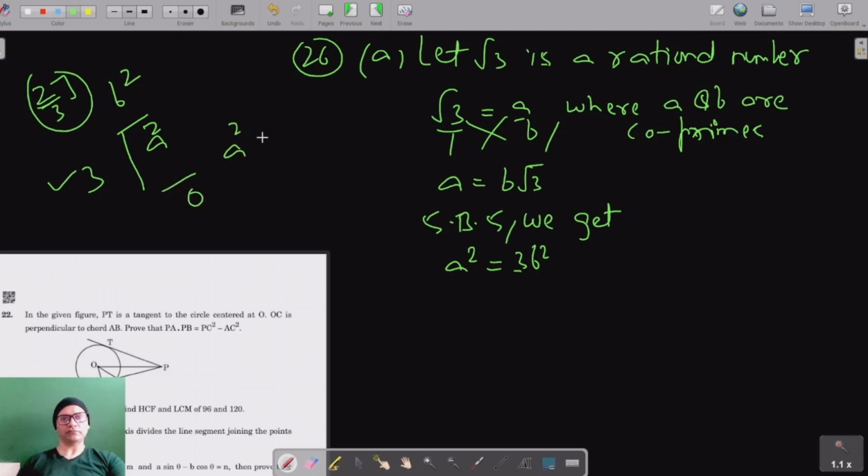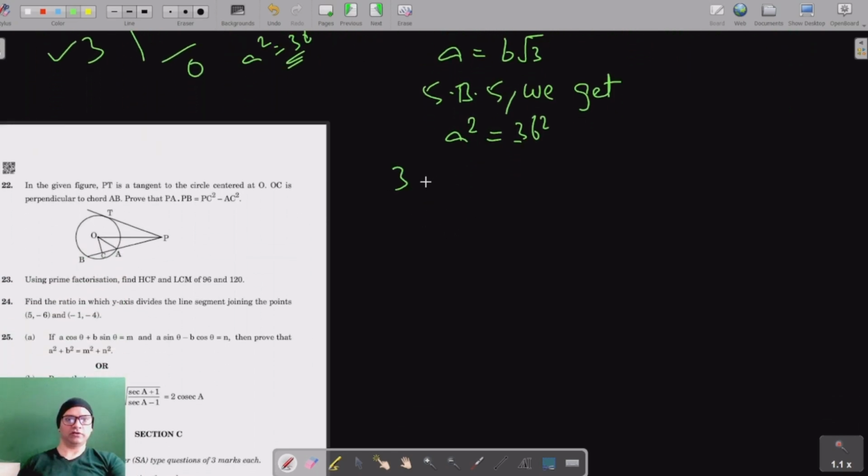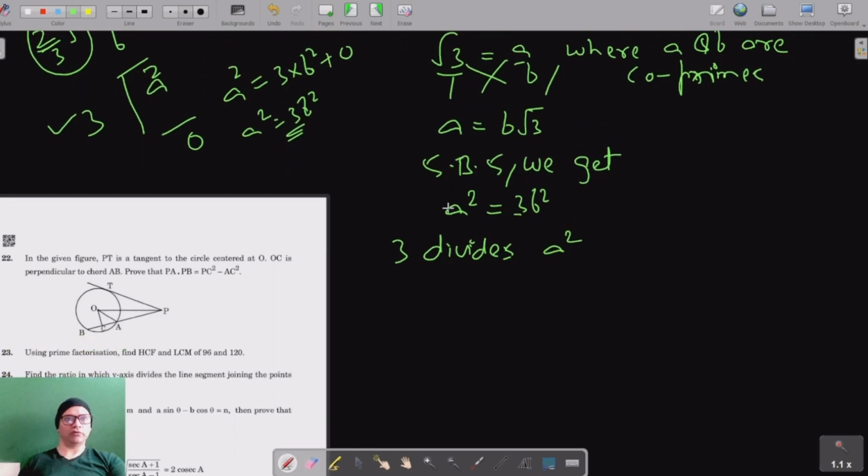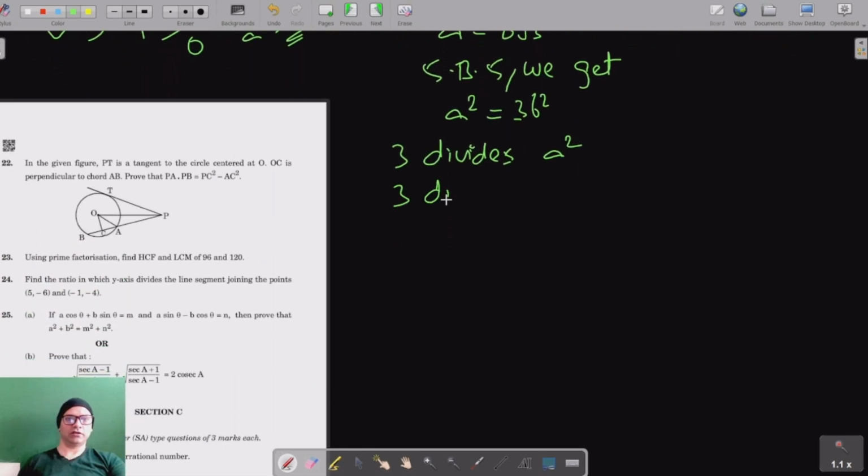So this gives us dividend is equal to divisor into quotient plus remainder, which gives us a square is equal to 3b square, where 3 divides a square. So this gives that 3 divides a square. So if 3 divides a square, it means 3 divides a.